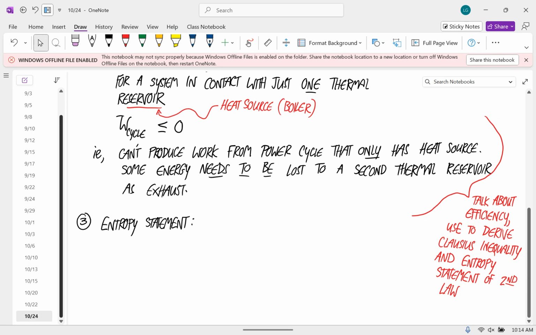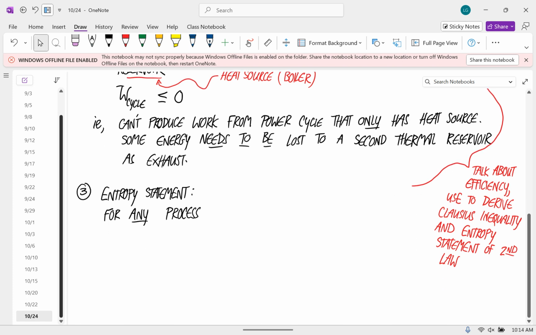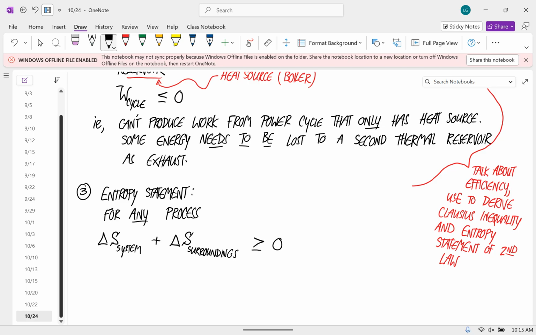And it says for any process, the change in entropy of the system, where capital S is entropy, plus the change in entropy of the surroundings is greater than or equal to 0.